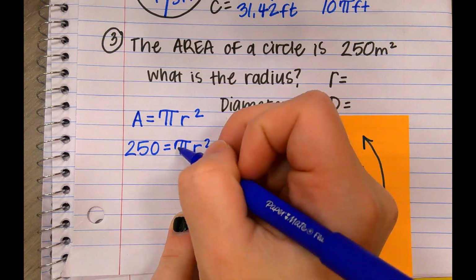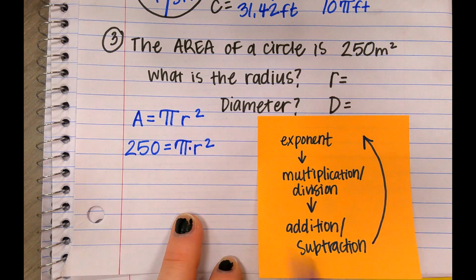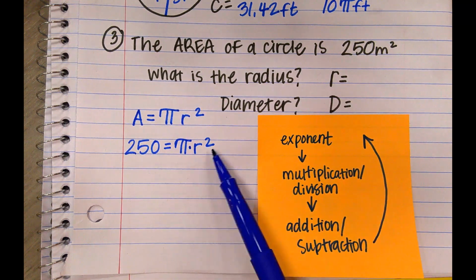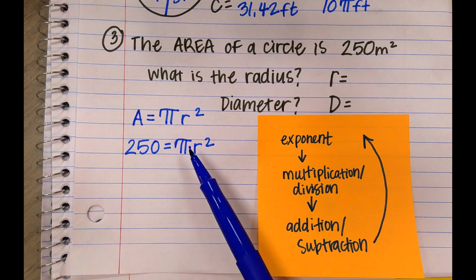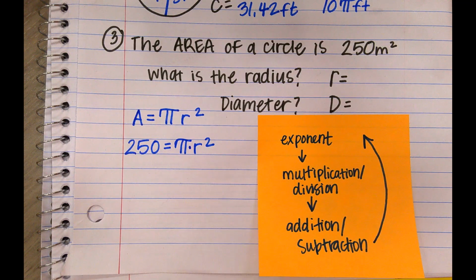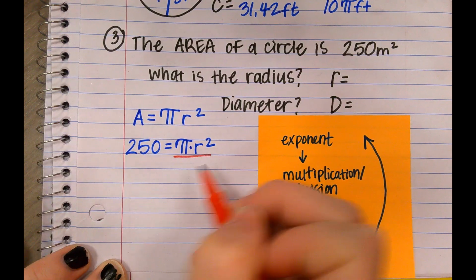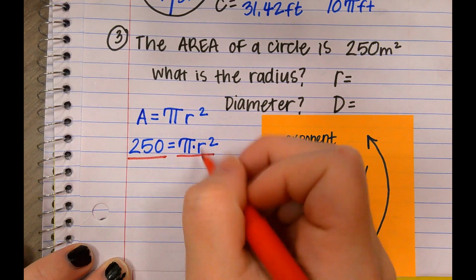There is. We have pi times radius squared. The squared is an exponent, so we're not going to mess with that yet. Let's get rid of pi. How do I get rid of multiplication? Divide. So let's divide both sides of our equation by pi.